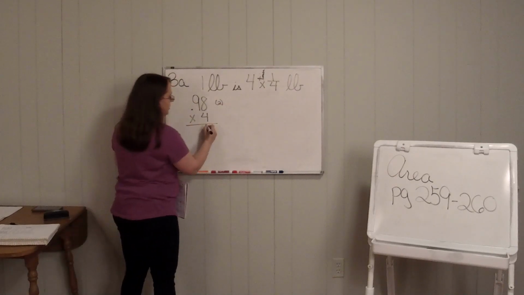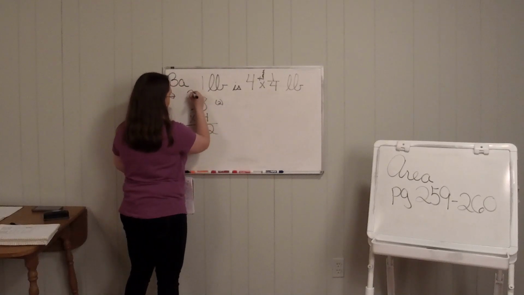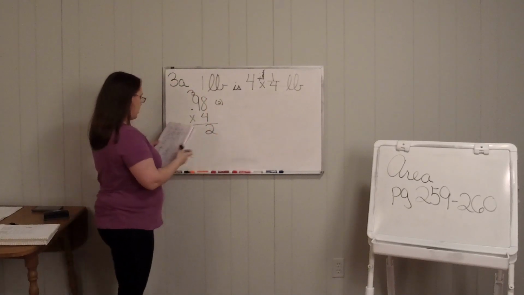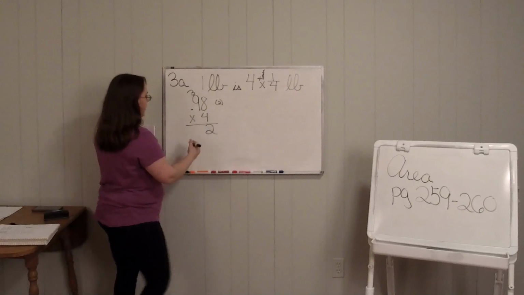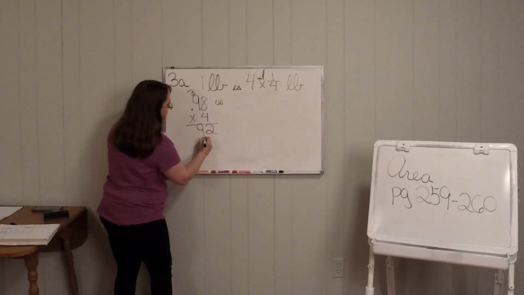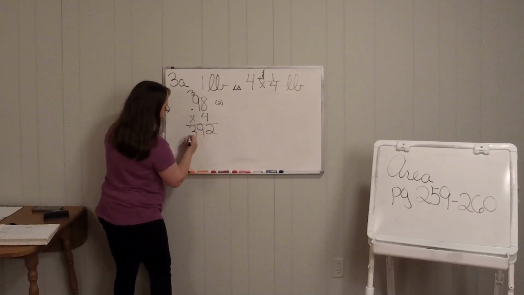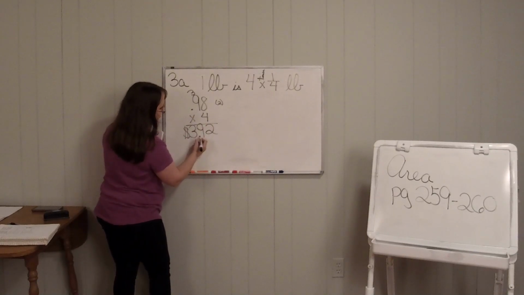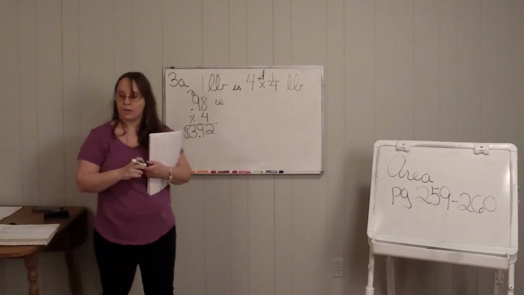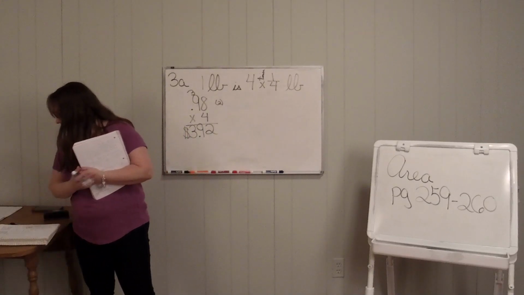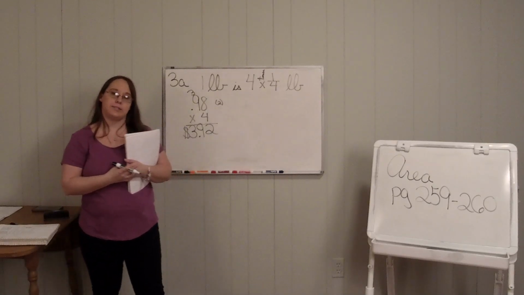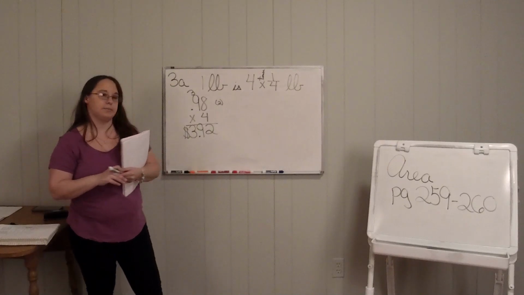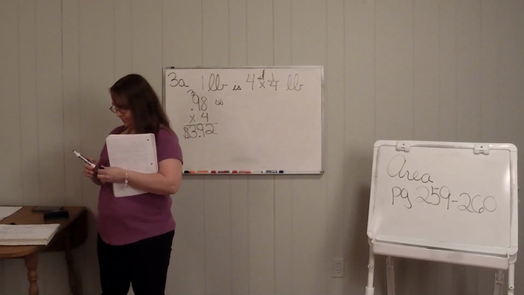So 8 times 4 is 32. 9 times 4 is 36, and 3 more is 39. There's 2 numbers behind the decimal, so it would cost Aaron $3.92 to buy a pound of peanuts. Okay?